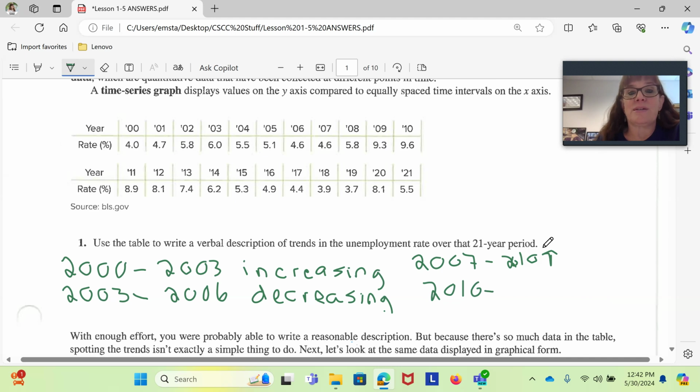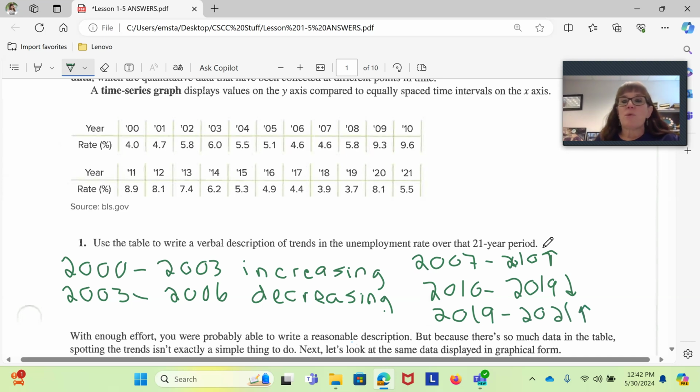It goes all the way down until we hit 2019. It's dropping, and then it shot up significantly between 2019 and 2021. So with some effort, we're able to look at the raw data and determine what's happening with the data.